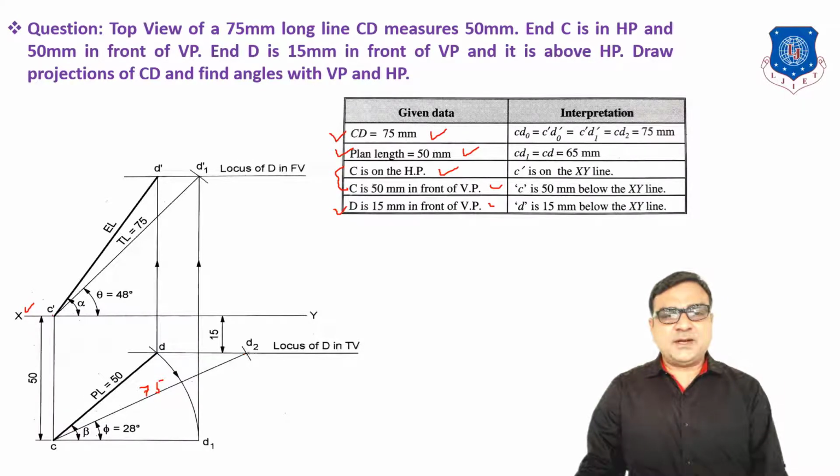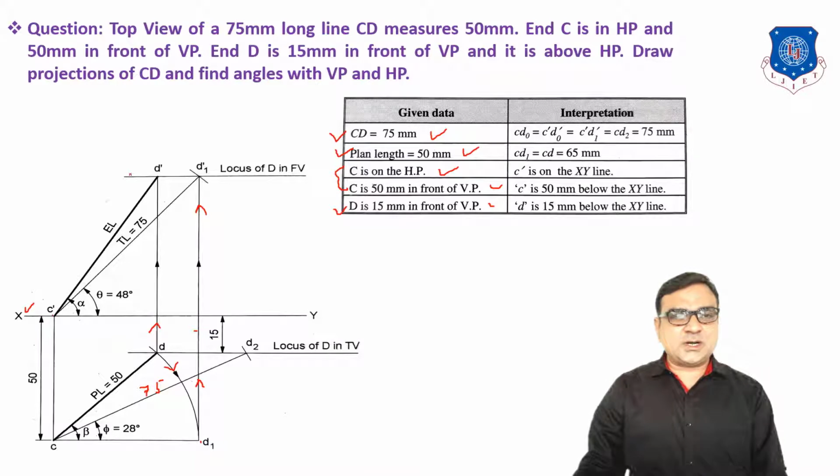Now we have D2D. Now draw the vertical line from D, as well as draw an arc from D taking C as center. So we'll get D2, then draw a vertical line. Now on this vertical line, you have to take the compass, C dash as center and 75 radius, and draw an arc, which cuts this vertical line at D1 dash.